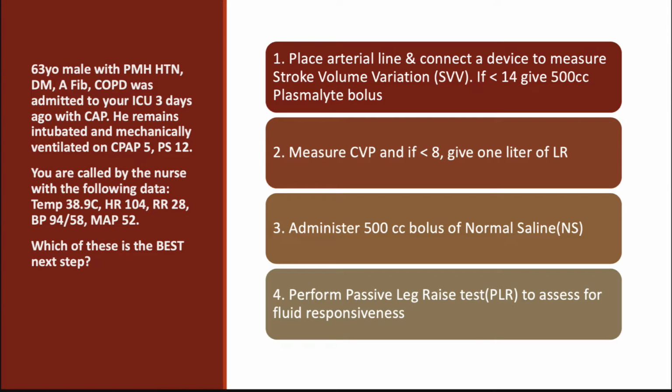These are all methods that I've seen employed. Probably the most common one is this one, right? Let's just give some fluid and see what happens. That's a very common thing. But I think you will learn that this is a terrible way to do it. Nobody wants to put in an art line unless we really need it. But I think you're really going to like this one once you understand why we do it.